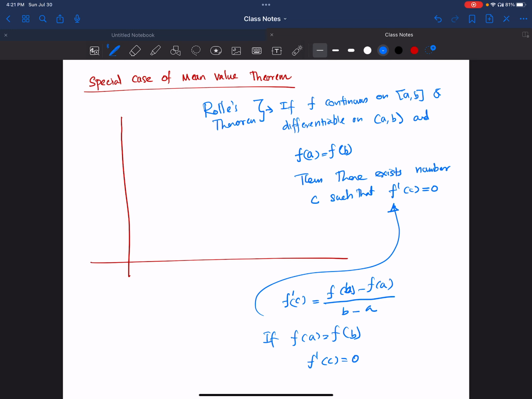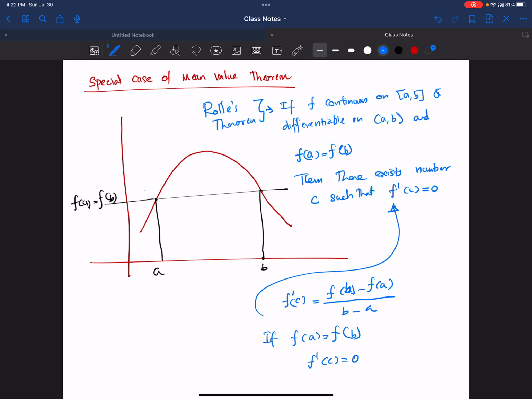What this says is that we have some function where you have a closed interval a and b, and both f(a) and f(b) are equal. That means there's a c.